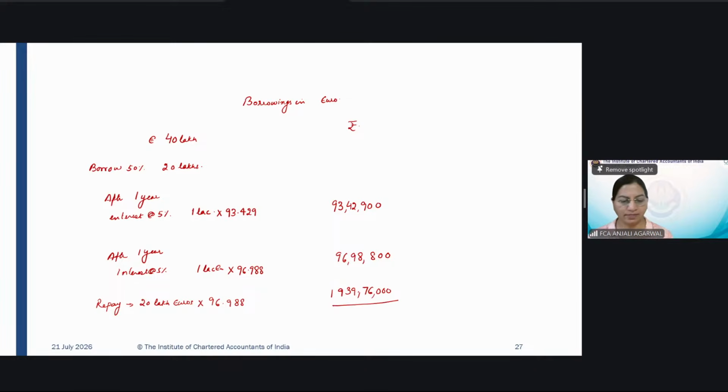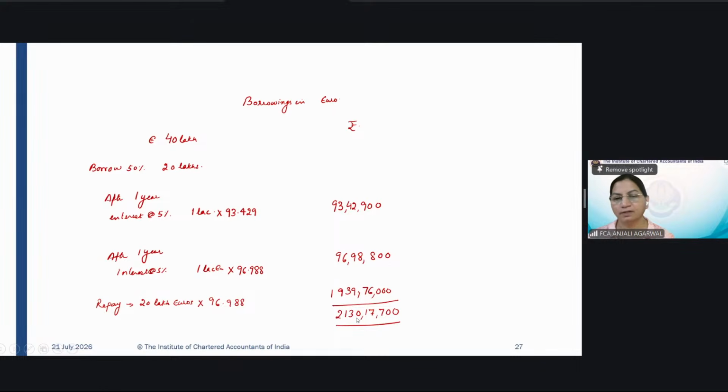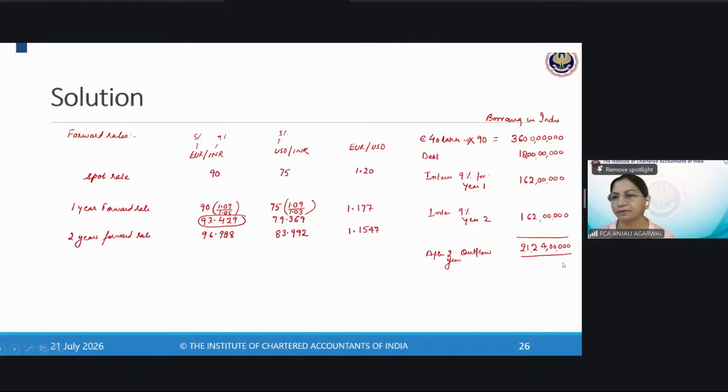So total outflow would be 2130 lakhs 17,700. What was the outflow in terms of Indian rupees? 2124 lakhs. And here you have 2130 lakhs 17,700.